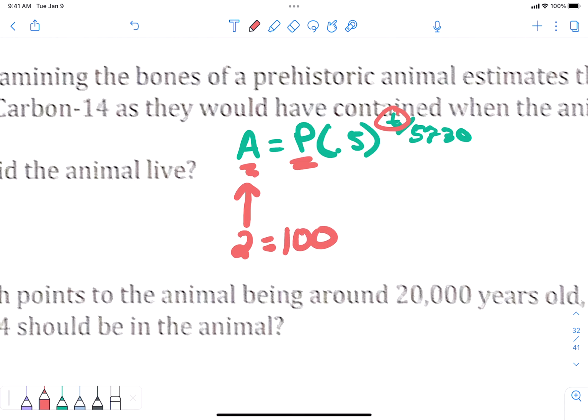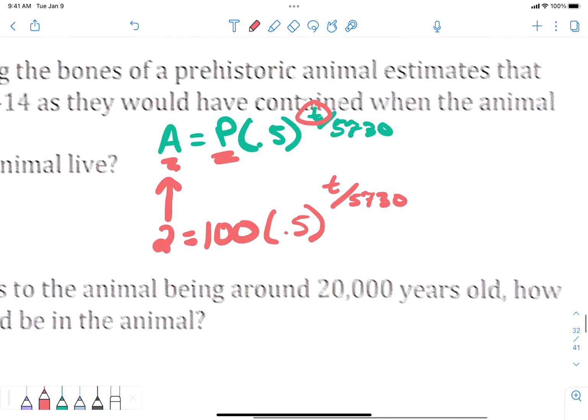It doesn't matter what those two numbers are. We have no idea how big this animal was to begin with. We don't know what P was to start with. But we do know that what's left over is 2%. So all we need to do is make sure that this is in the relationship of 2%. What we're starting with, what we're ending with. So 2% and 100. 0.5 to the T over 5730.